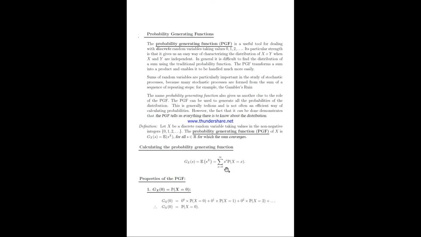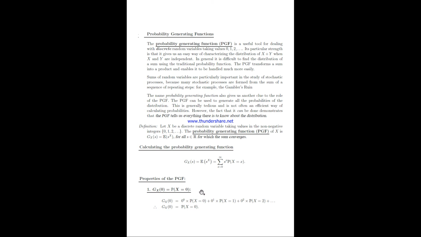With s equal to 1, you have 1 to the power 0 times probability X equals 0, plus 1 to the power 1 times probability X equals 1, plus 1 to the power 2 times probability X equals 2. Since every term has base 1, whatever the exponent is, it equals 1.